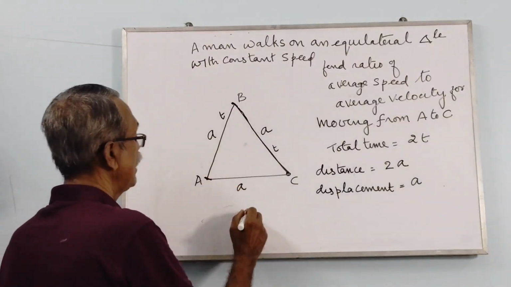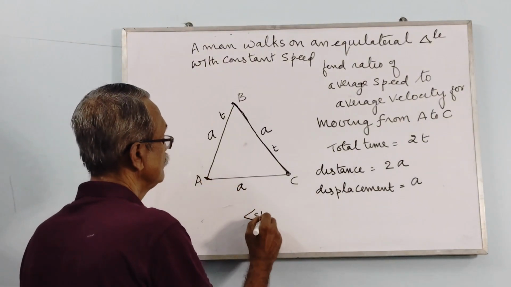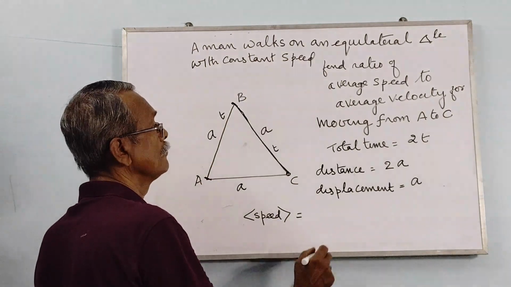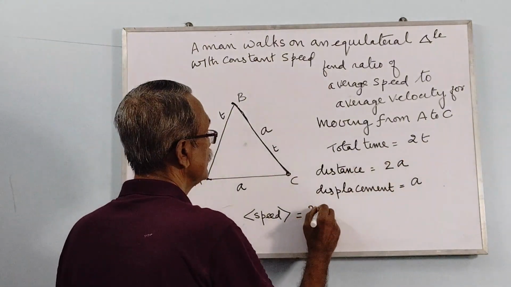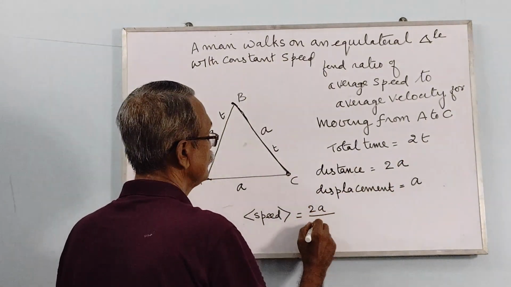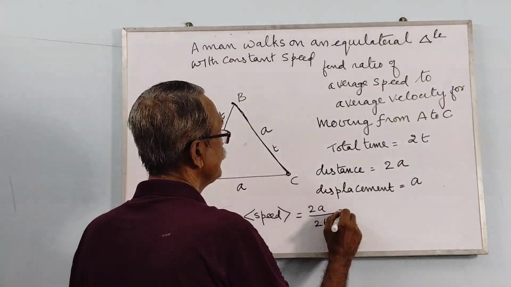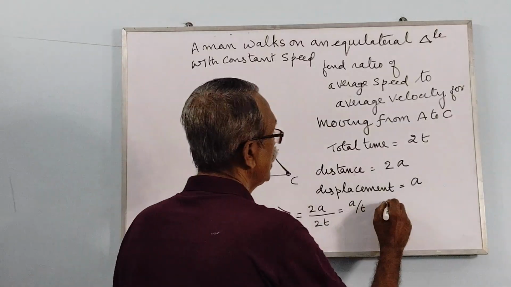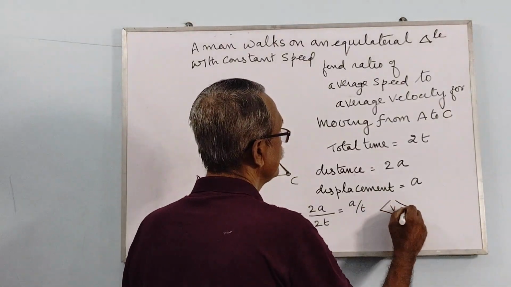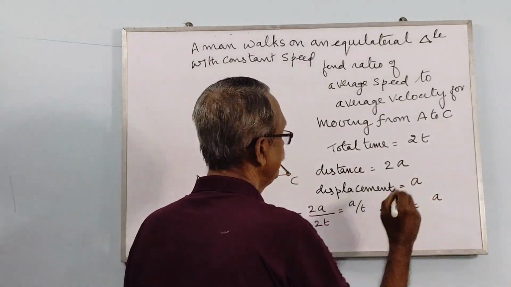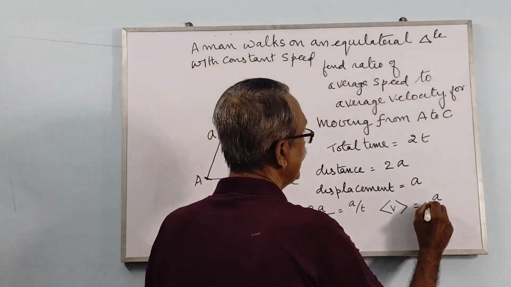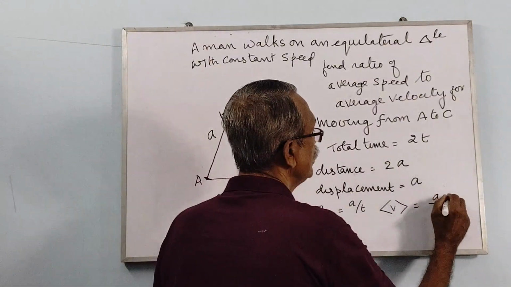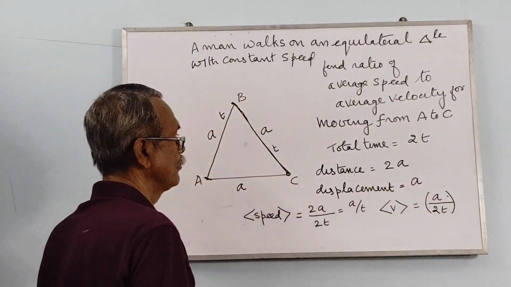So we can see that the average speed is equal to distance 2a divided by time 2T, which is a divided by T. Average velocity: displacement is a, divided by time 2T, so that will be equal to a divided by 2T.